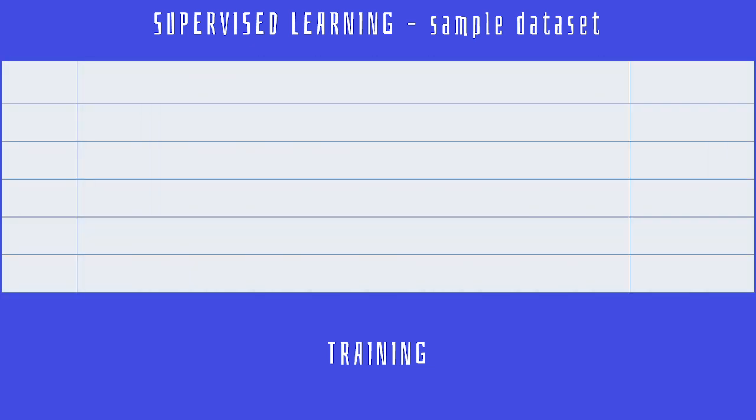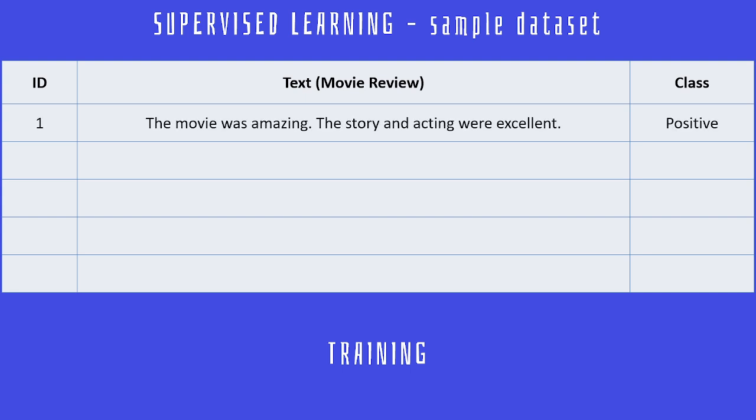Let's take a technical example of how we train a machine and what type of data we provide. As you can see, we will look at a sample data set. We will take the example of movie reviews. On the screen, there are three sections: id, text, that is the movie review, and the class. So when we train the model, we provide id, here it's 1, some text, and class, that is positive.